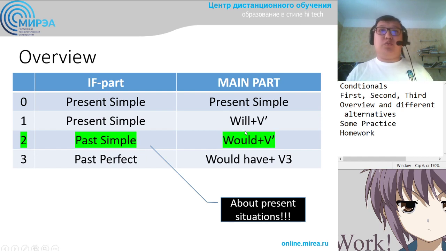So if I was the president of the United States, I would be like really, really rich because Trump is the president of the United States. Or if I were you, I would participate in the classes more. Or if I were you, I would start this online course.